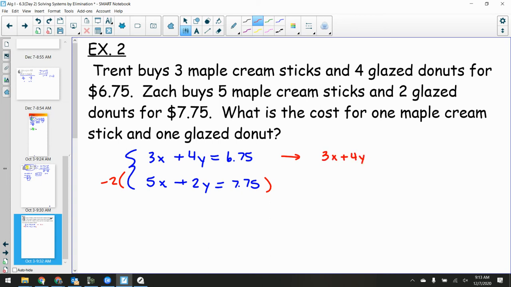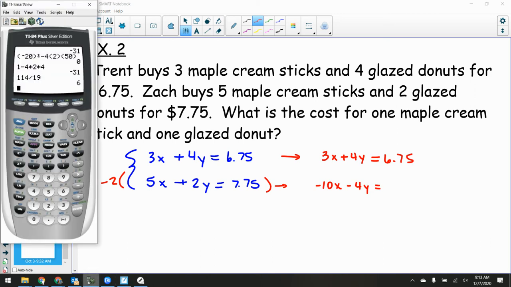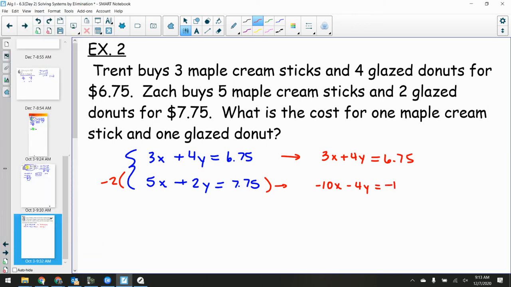Top equation remains the same: 3x plus 4y is equal to 675. The bottom equation becomes negative 10x minus 4y is equal to, now I have to take 775 and multiply by negative 2. Negative 1550.